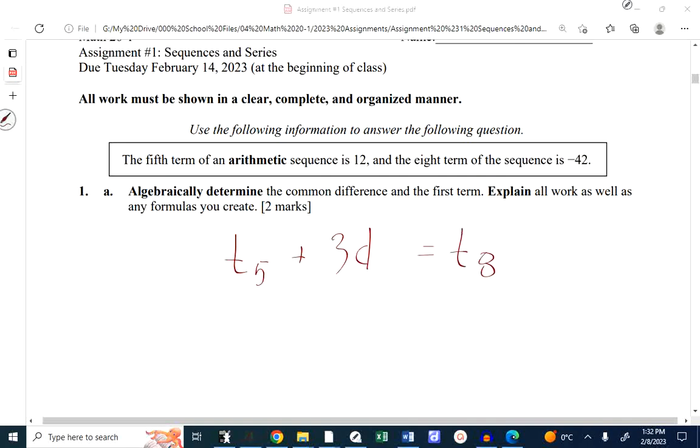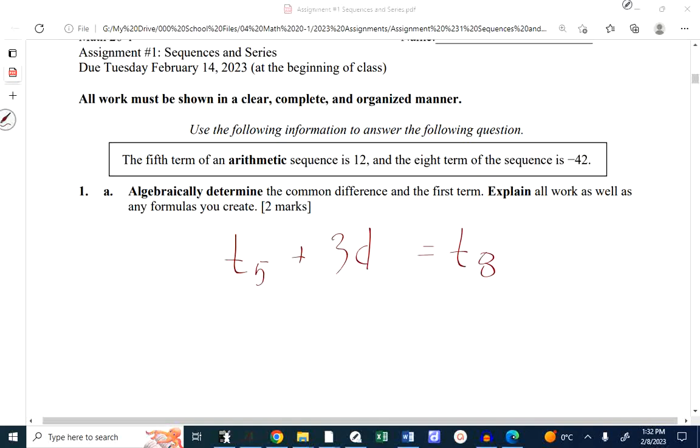I need to explain it. I need an explanation as to why I'm saying the 5th term plus 3 common differences is the 8th term. And an explanation means words. Words can be accessorized with pictures, but we need words. And I would always accessorize my explanation with pictures if it's possible.